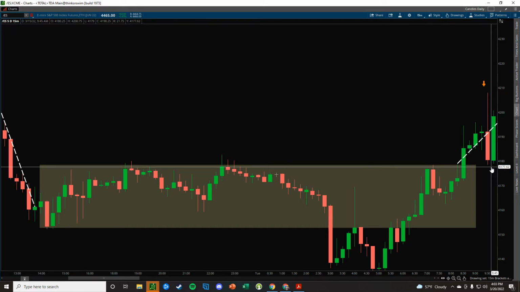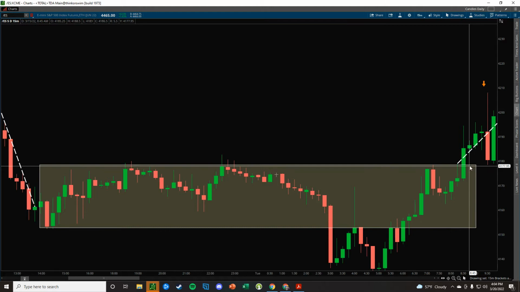Because the pattern you were playing to is not there anymore. It doesn't exist. There's always going to be another play down the road. We don't need to hold and hope onto positions. We need to take advantaged choice entries where we know if the pattern is continuing or if it isn't, and we know where we're in and where we're out.